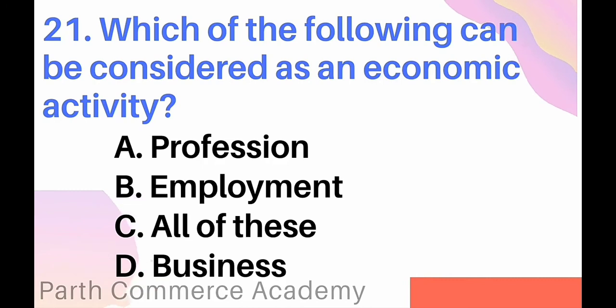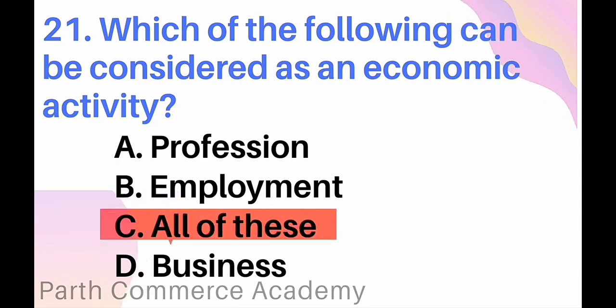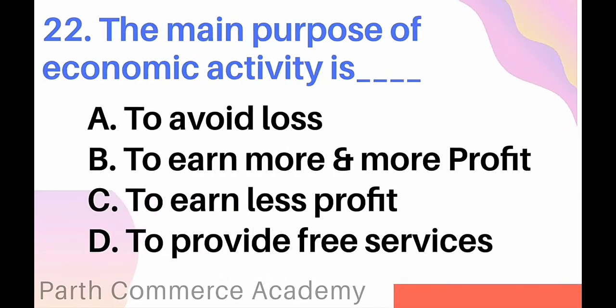Next is, which of the following can be considered as an economic activity? Profession, employment, all of these, and business. So we know that profession, business and employment are part of economic activity. So the correct answer is option C, all of these. Next is, the main purpose of economic activity is dash.